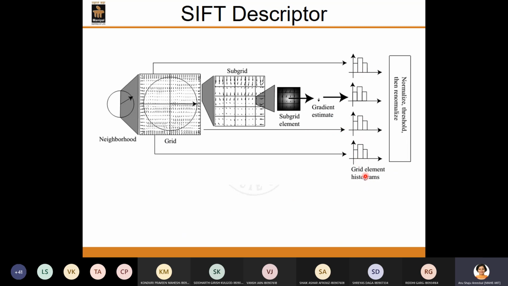As I said earlier, once you have the gradient orientations present, after calculating the HOG, you concatenate them together and then you do a two-stage normalization. Normalization is done because there may be illumination variations present in the histograms that you have. In order to make it invariant to the illumination variations, you normalize the vectors.